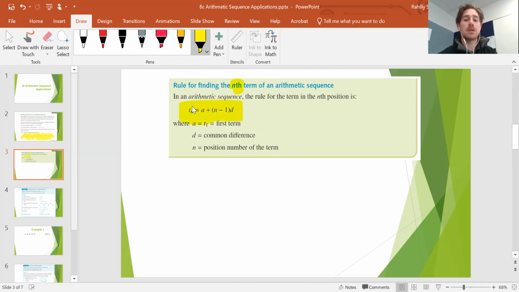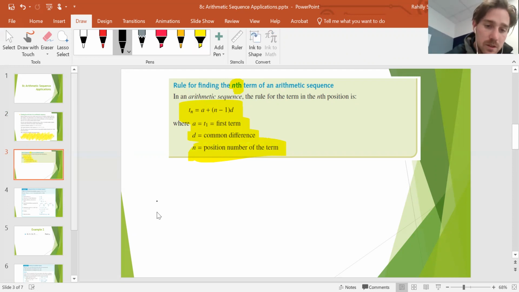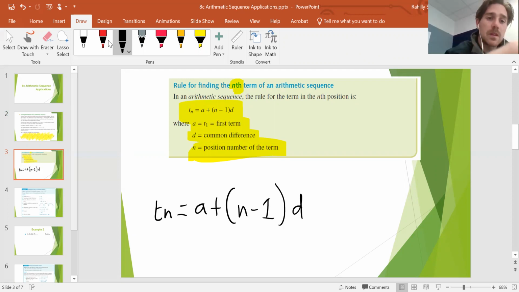Okay, so a plus n minus 1 times d, where a is the first term, d is the common difference, which is what we learnt the other day, and n is the position number of the term. So I'm going to write that again. Tn equals a plus brackets n minus 1 d.